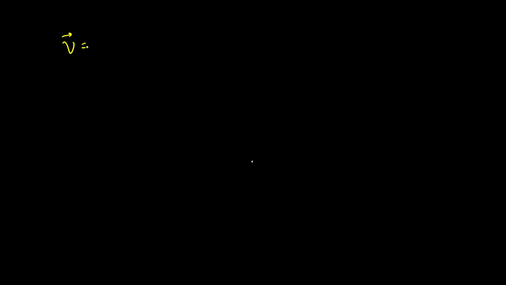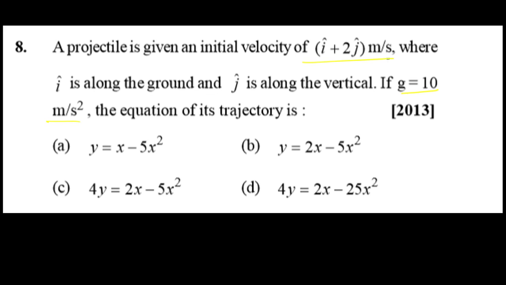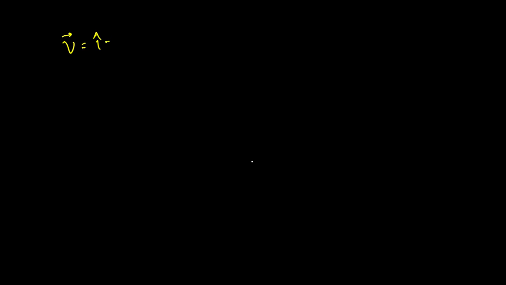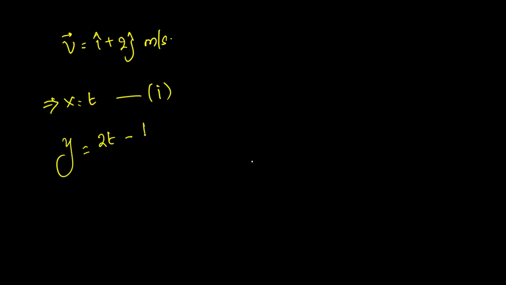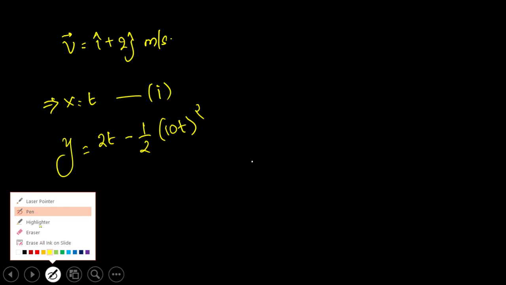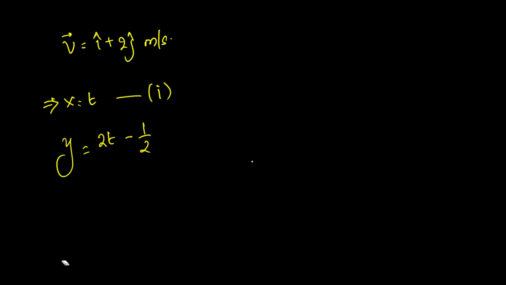Let's say the velocity v, as per the question, is i plus 2j meters per second, which implies when x is equal to t, so y can be given by 2t minus half g t squared. Not whole squared, just a moment. 10 times t squared, that's the proper answer. So minus 5 t squared, right?